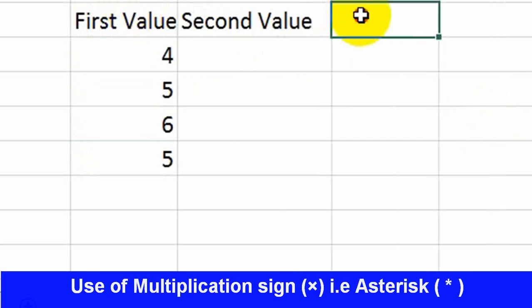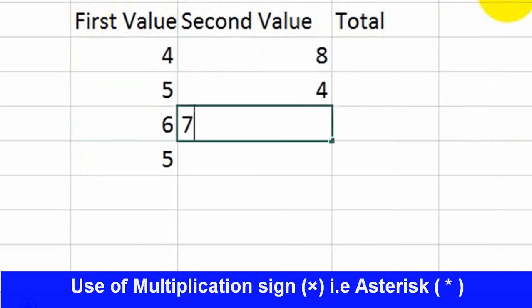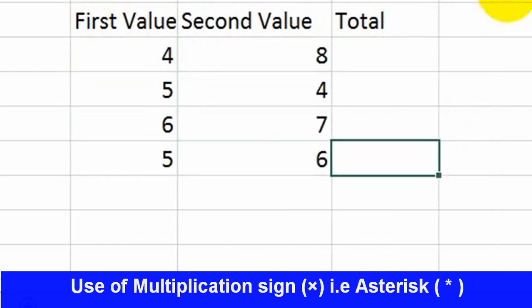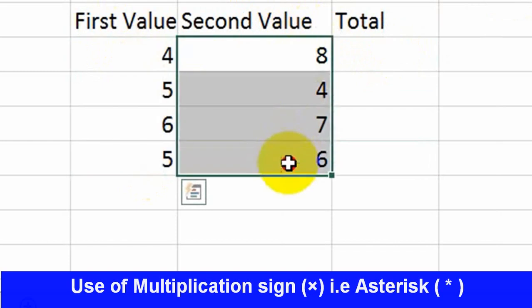Now I want to get this output total. Now in this cell I want to multiply this C column's value and D column's value.